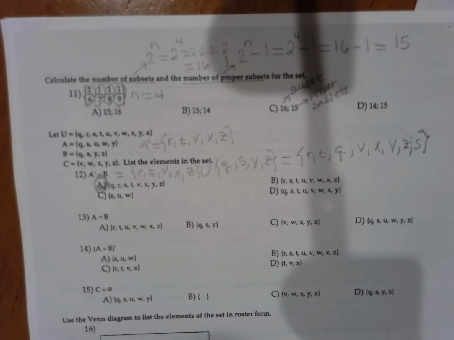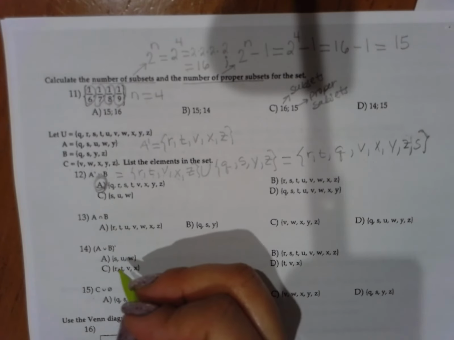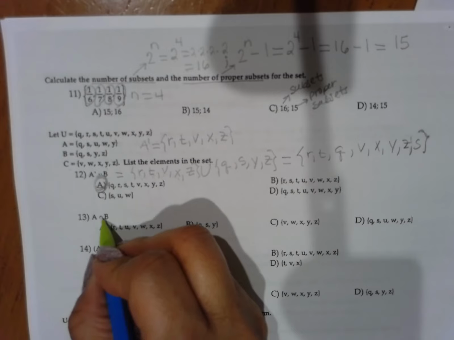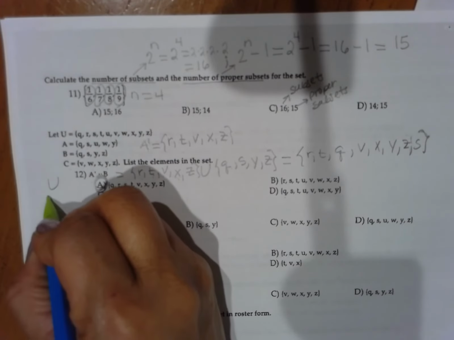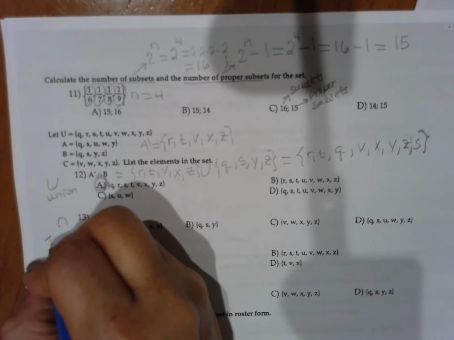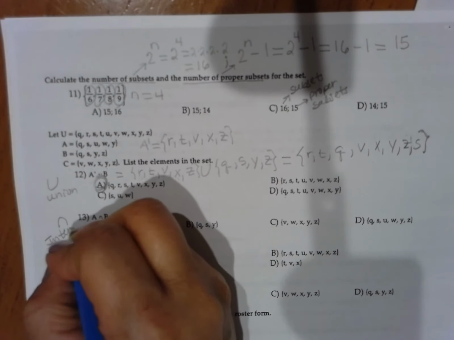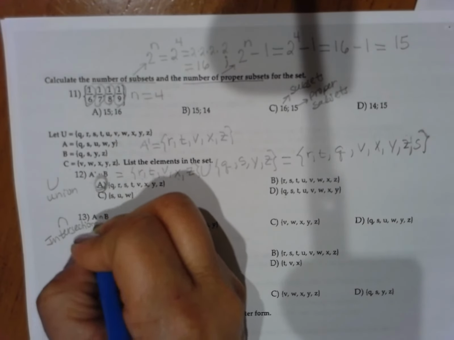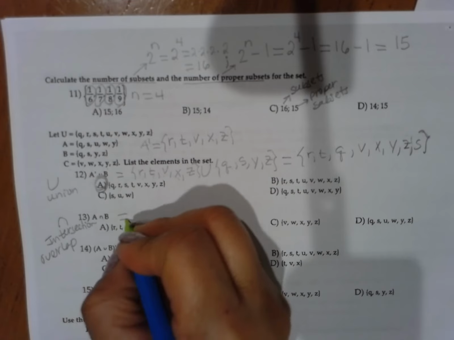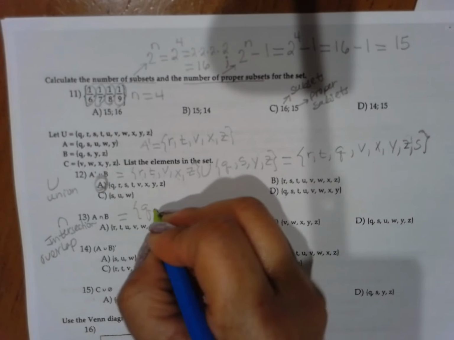So now we're going to be working with number 13. This represents intersection. Remember, this one is union. This one is intersection. So intersection is you're looking for where they overlap. Look at where the 2 sets overlap. So I like to write them down again.